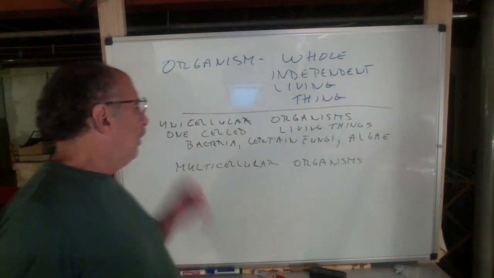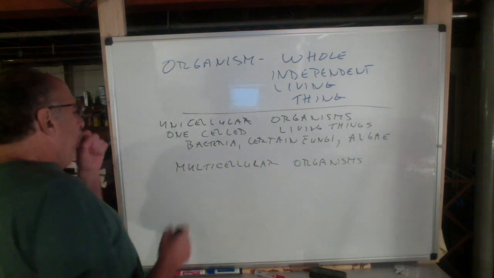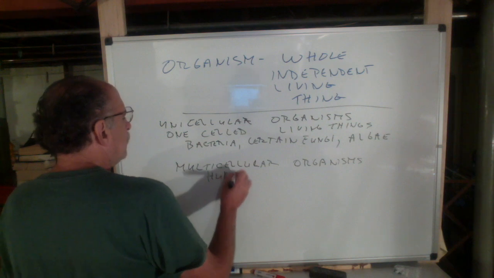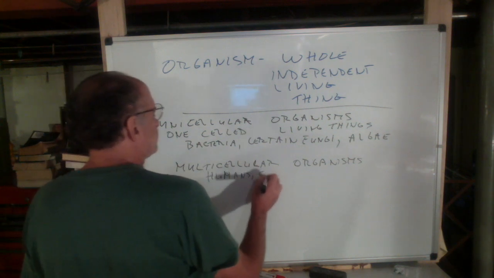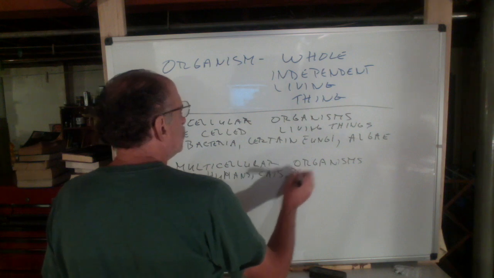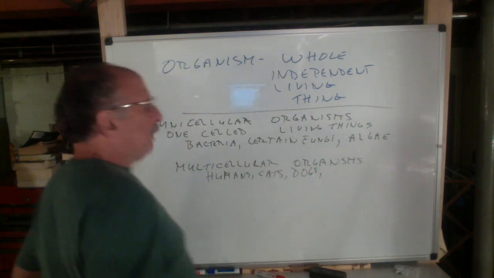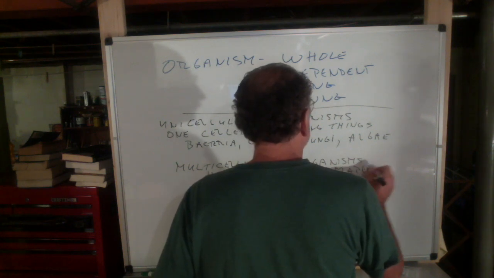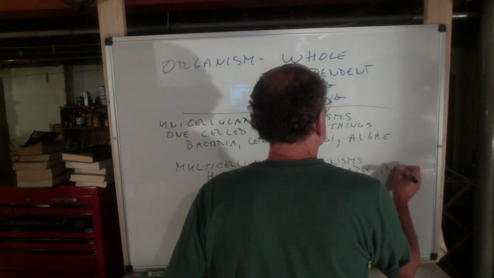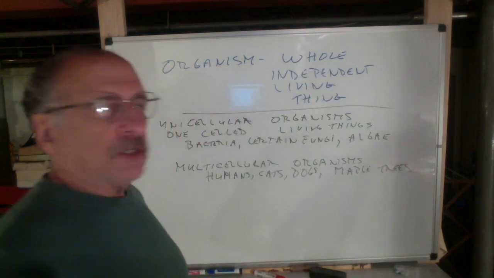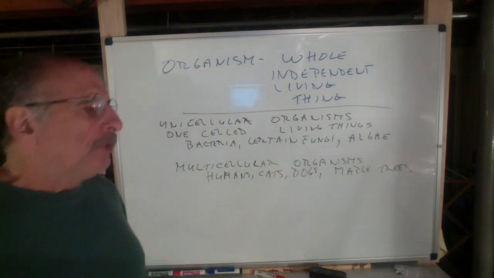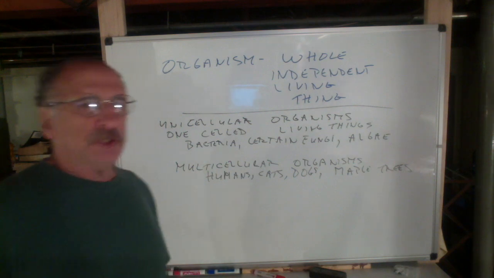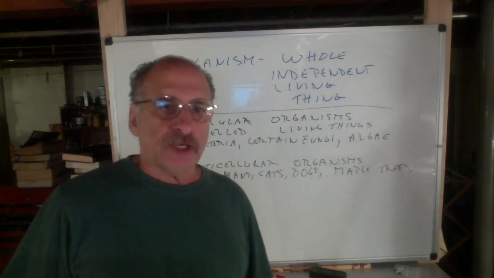Many-celled living things. Humans, cats, dogs, maple trees, and the list goes on. But again, there's far more unicellular organisms, different kinds of unicellular organisms, than there are kinds of multicellular organisms.